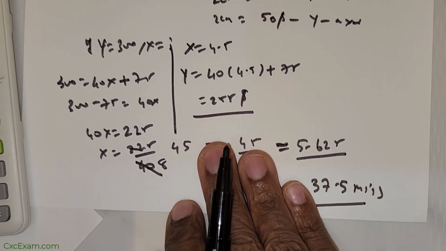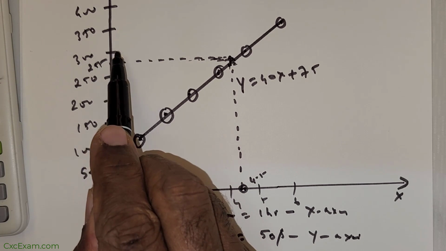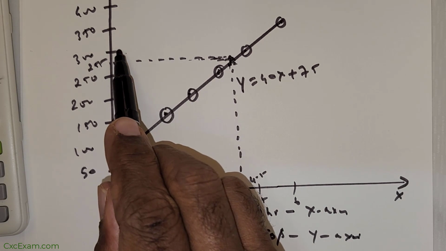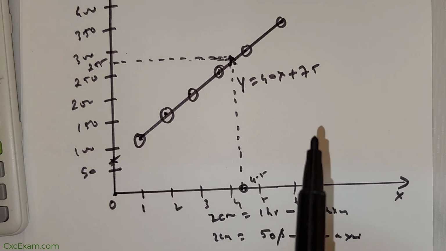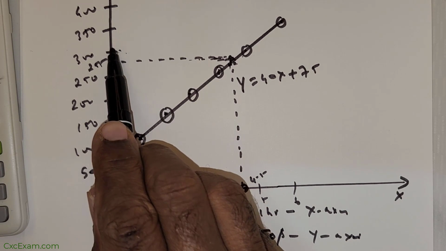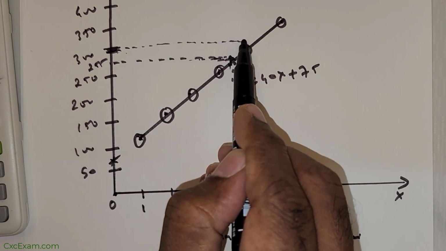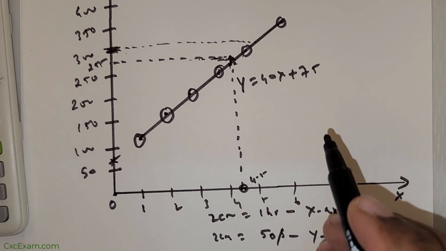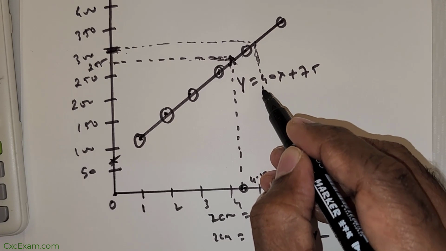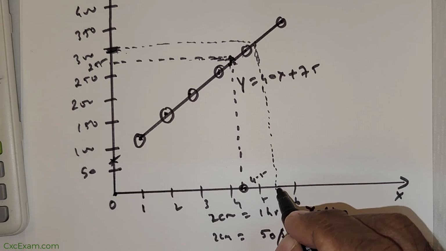Of course, you can hit the line a little bit further away, because for 5 it is 275, but this is 300, so the line will go beyond, roughly over here.